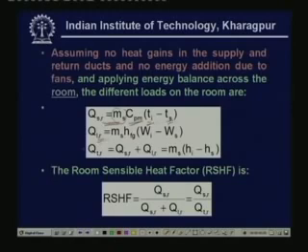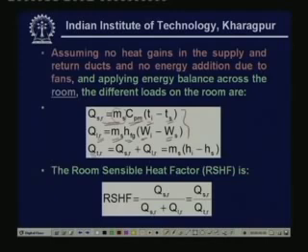Similarly, the latent load on the building QLR is equal to the mass flow rate of the supply air MS into HFG, the latent heat of vaporization, multiplied by the humidity ratio difference, Wi minus Ws, where Wi is the humidity ratio inside the conditioned space and Ws is the humidity ratio of the supply air. Okay, so these two are for the sensible and latent heat loads or sensible and latent heat transfers. Similarly, you can write an equation for the total heat transfer rate.